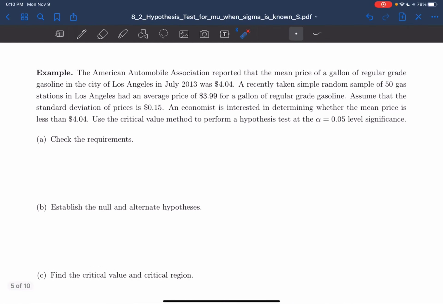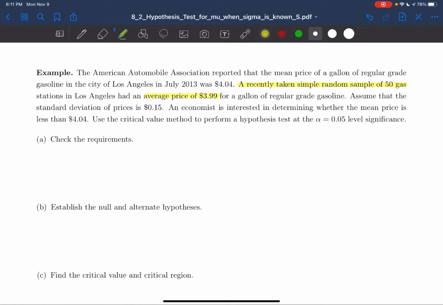Okay, the American Automobile Association reported that the mean price of a gallon of regular grade gasoline in the city of LA in July 2013 was $4.04. A recently taken simple random sample of 50 gas stations in LA had an average price of $3.99 for a gallon of regular grade gasoline.